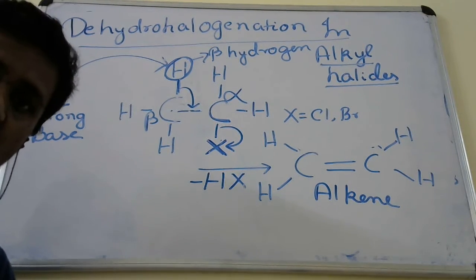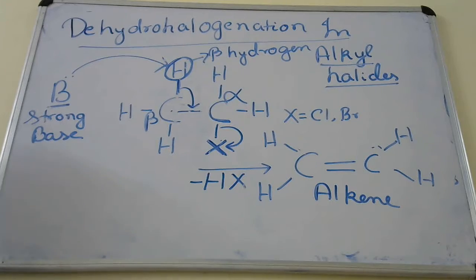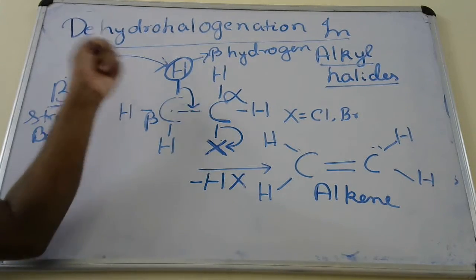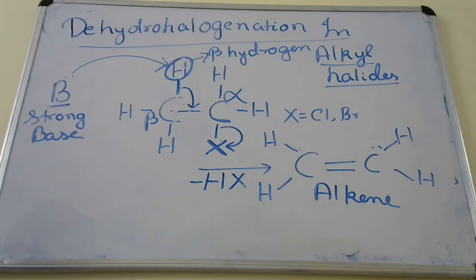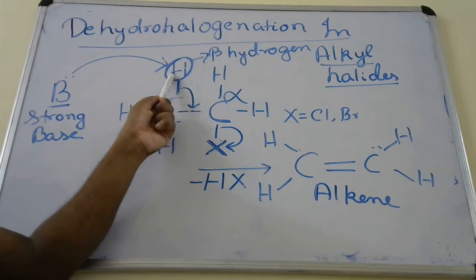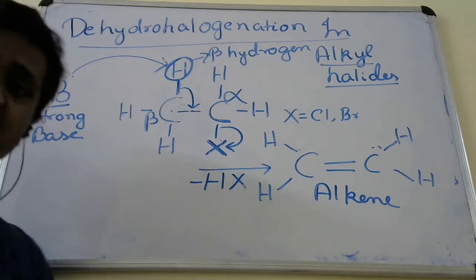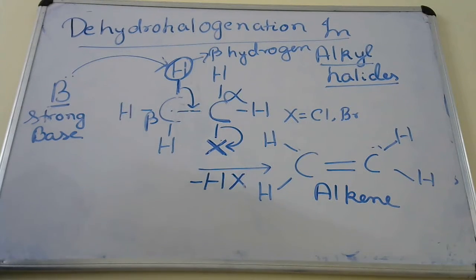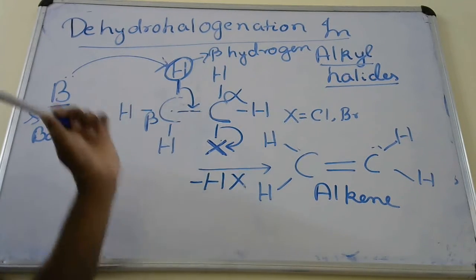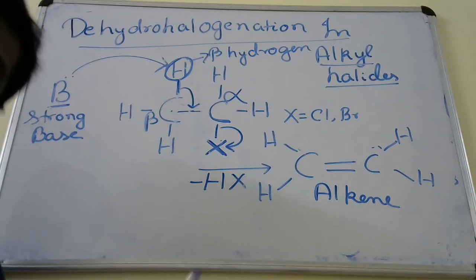So this is all about beta elimination, or it is also called dehydrohalogenation. Why is it called dehydrohalogenation? Because hydrogen is getting eliminated, and halogen is also getting eliminated. Dehydro means, de means removal. Both hydrogen as well as halogen are eliminated from the molecule.